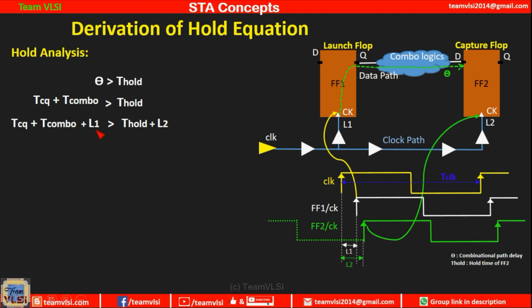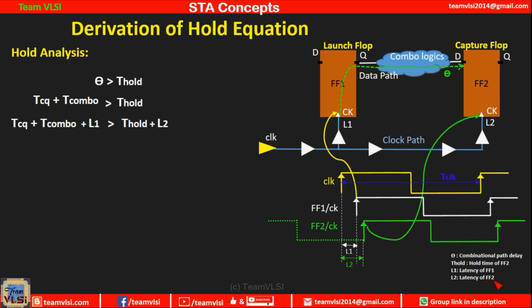Instead of this much time for the data arrival at the D pin, it will include the L1 latency, which is the time the clock takes to come from the clock pin to the CK pin of flip flop 1, and T hold is also added, and L2 will be added on the T hold side, right? Where L1 is the latency of flip flop 1 and L2 is the latency of flip flop 2.